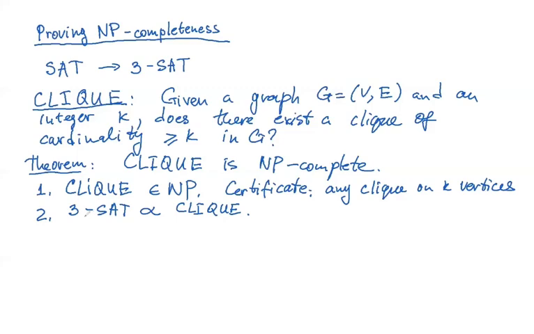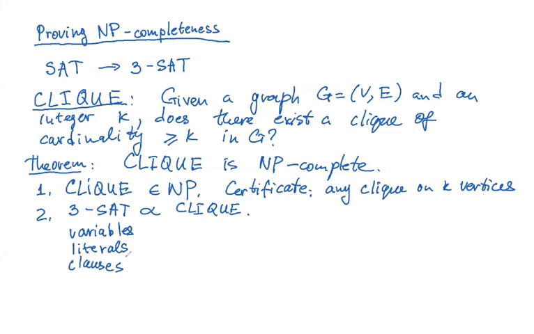With 3-SAT, we have variables, then we have literals that correspond to the variables, where a literal is a variable or its negation. Then we have clauses, and clauses consist of exactly 3 literals in 3-satisfiability. Which of these objects should correspond to vertices and edges in the graph that we are building?